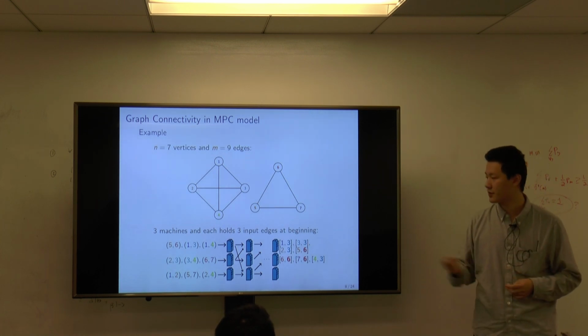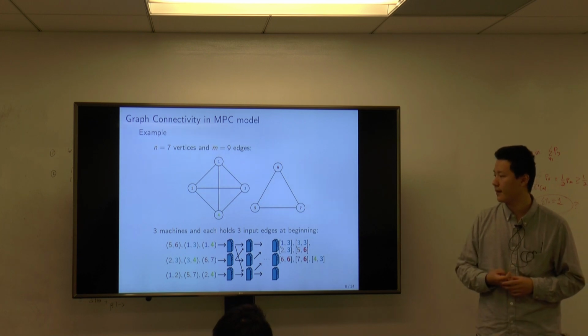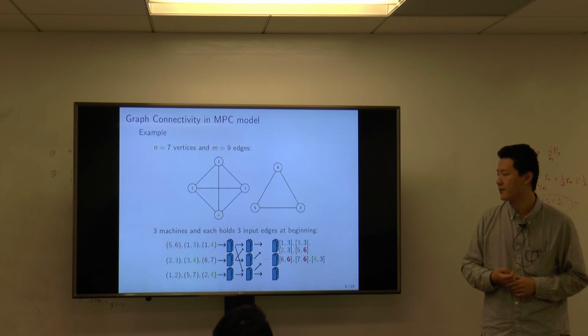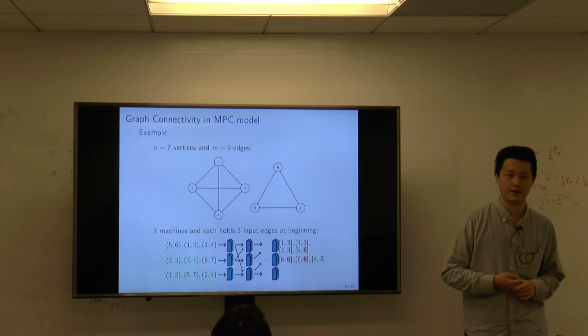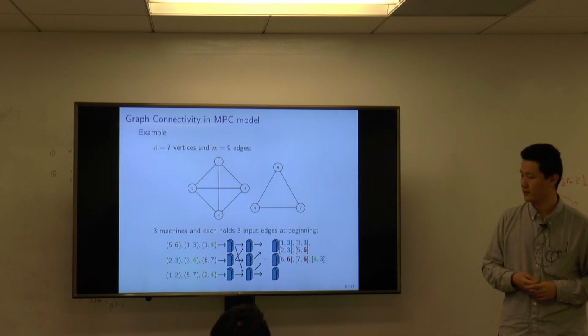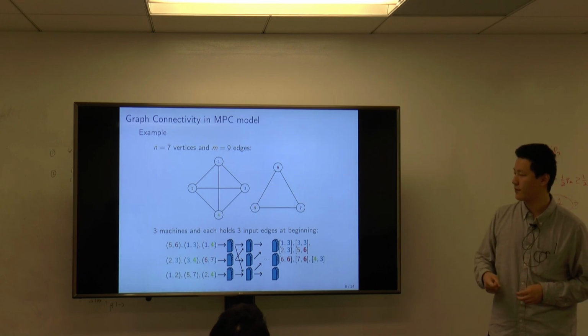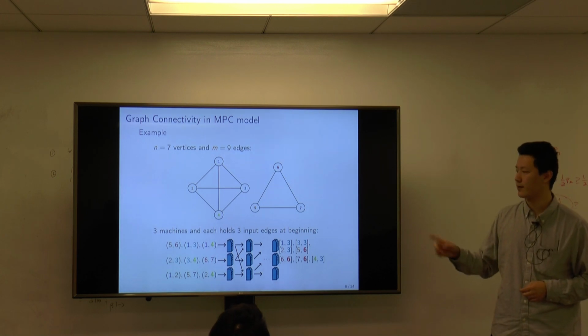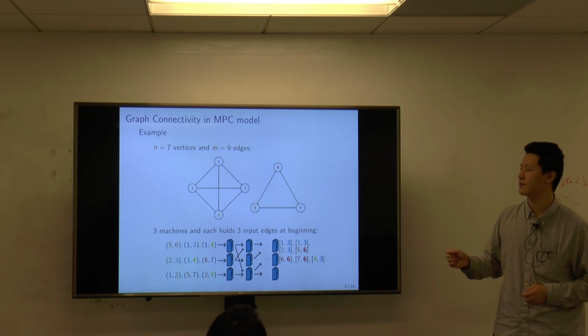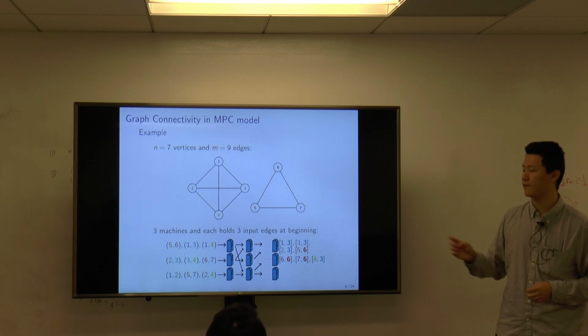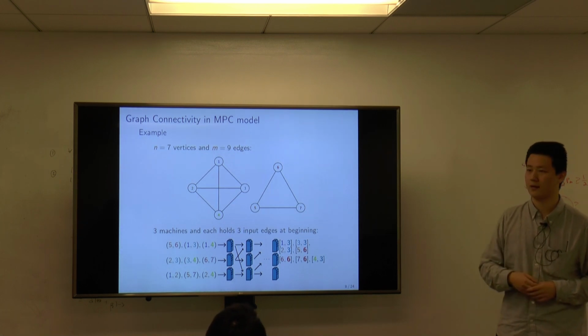And the second machine assigns the vertices 6 and 7 the color 6 and assigns the vertex 4 the color 3. If we look at these 7 pairs together, we know that the vertices 1, 2, 3, and 4 are in the same connected component, and vertices 5, 6, and 7 are in another connected component.